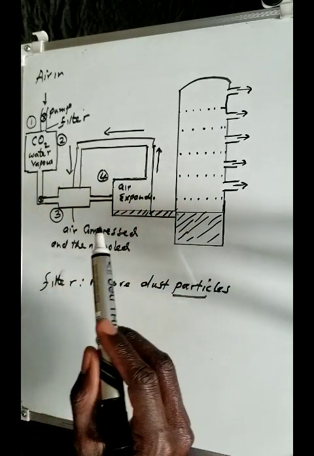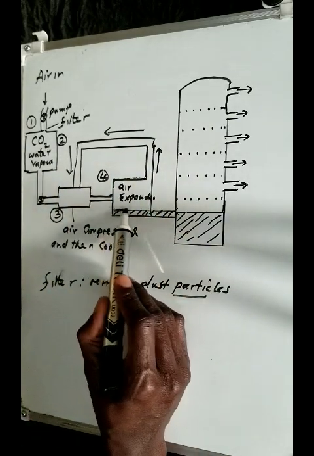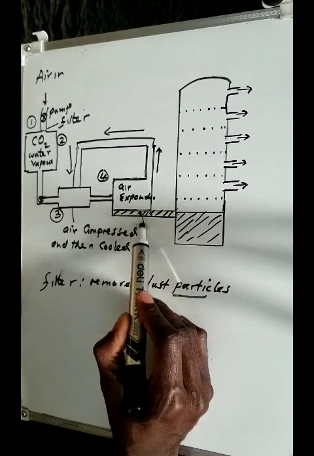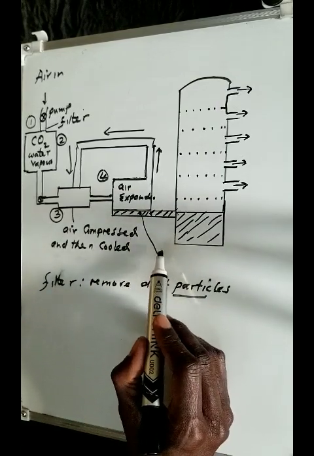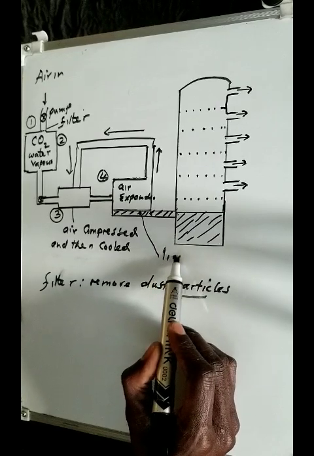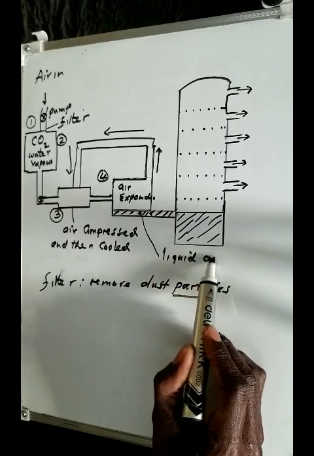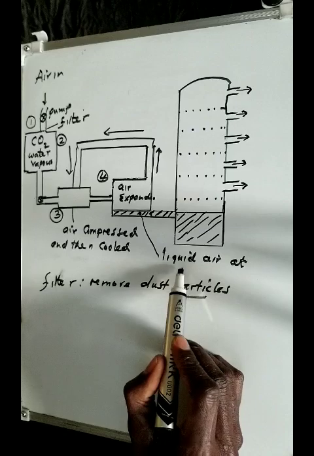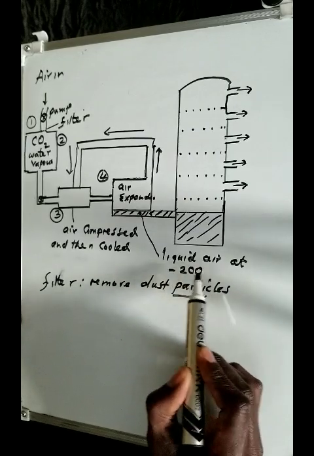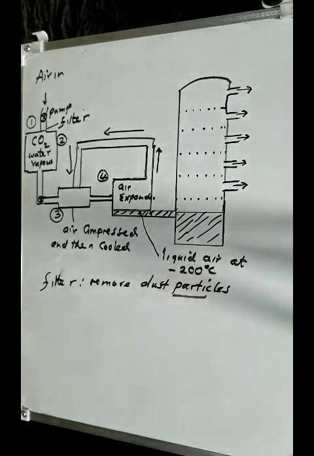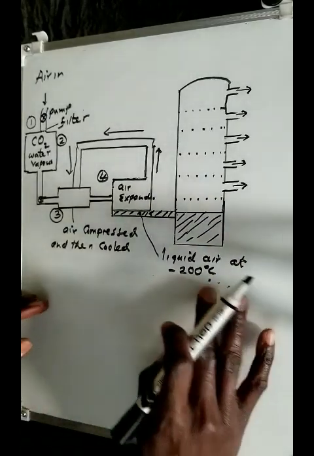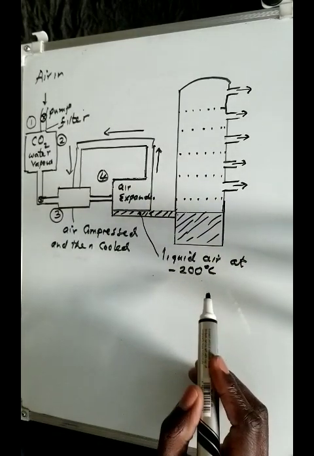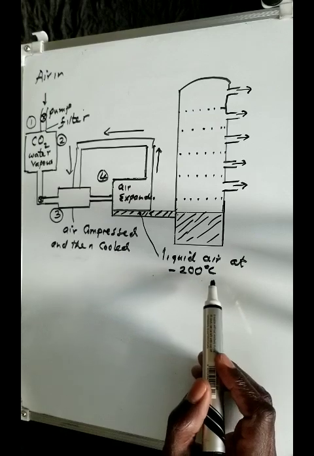Once it is done like that, what is going to be collected at the bottom there is liquefied. So you are going to have liquid air at approximately -200 degrees Celsius. It becomes very cold, liquefied to a temperature of below, in this case, -200 degrees Celsius.